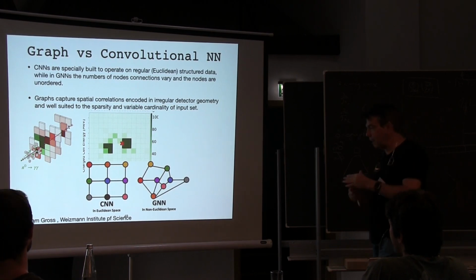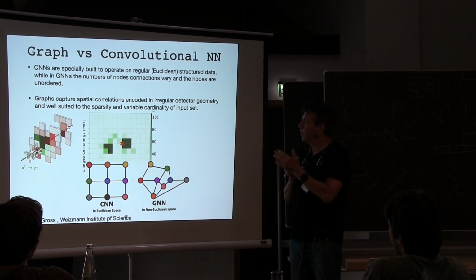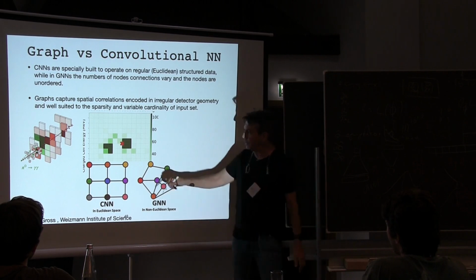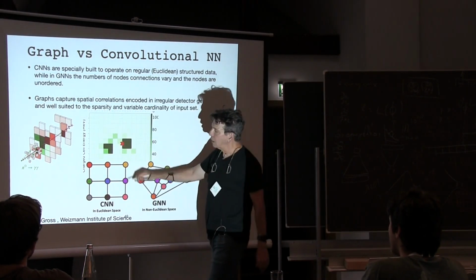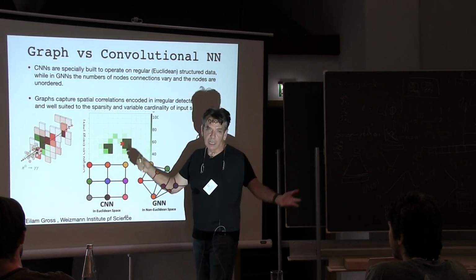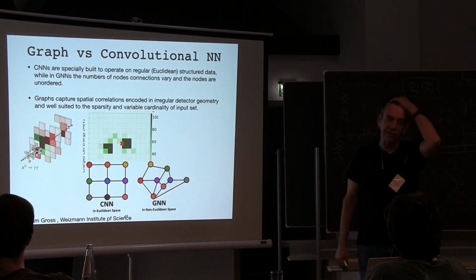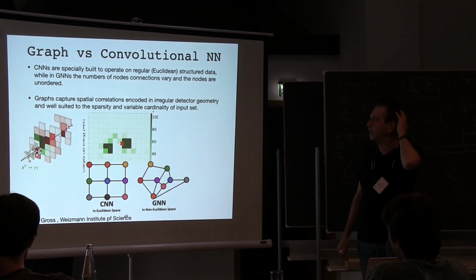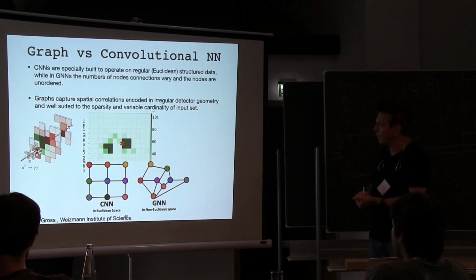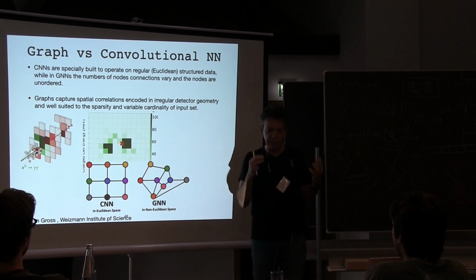Now there'll be a 5 minute repetition of things that we talked about already, which is the graph, because of the first paper that we did with CNN. But you see, even with the CNN, most of the information is empty cells, nothing. It's so sparse that you don't use it. It's a waste of resources, memory, and everything. Graphs capture spatial correlations and model irregular detector geometry, because our real detector is irregular.